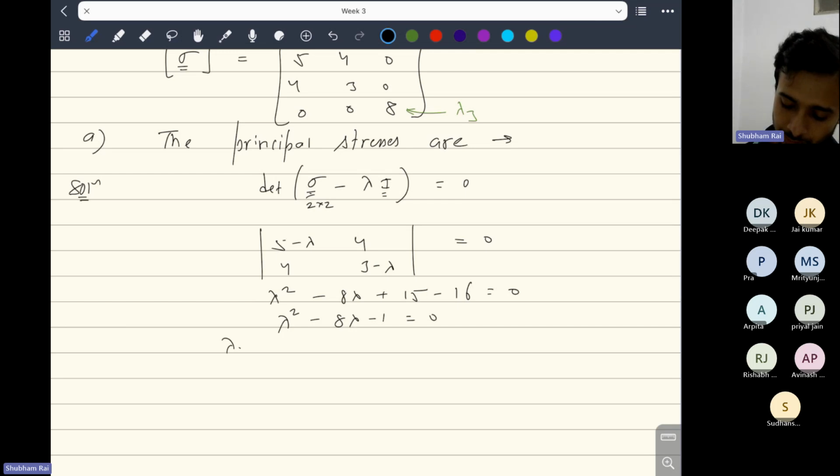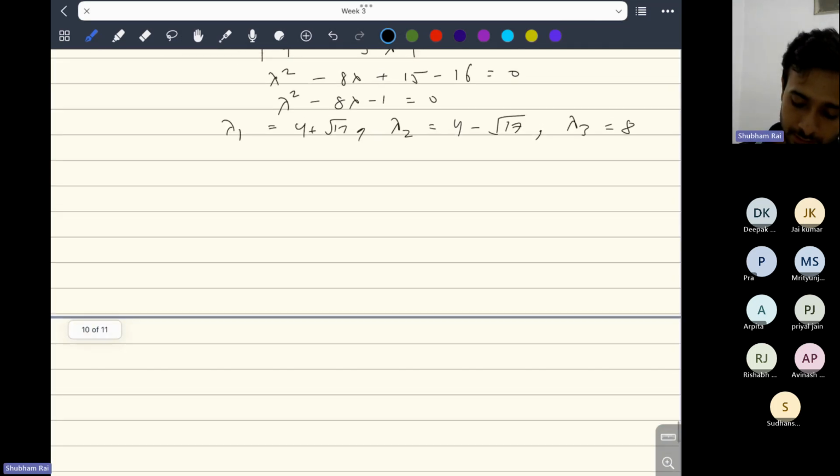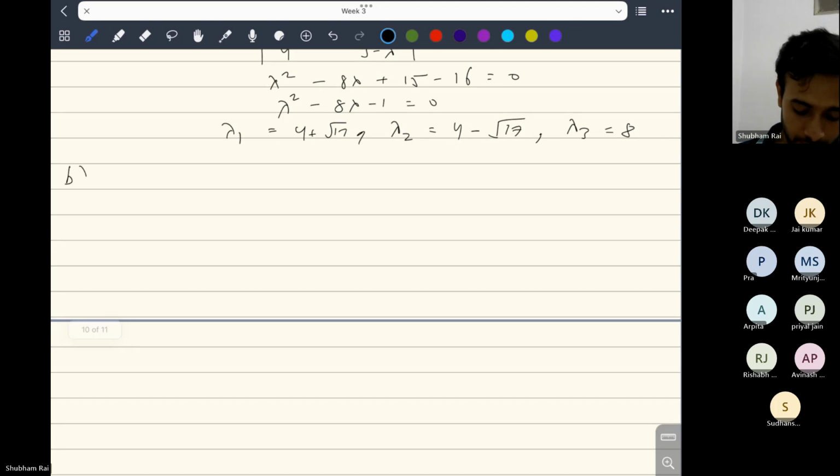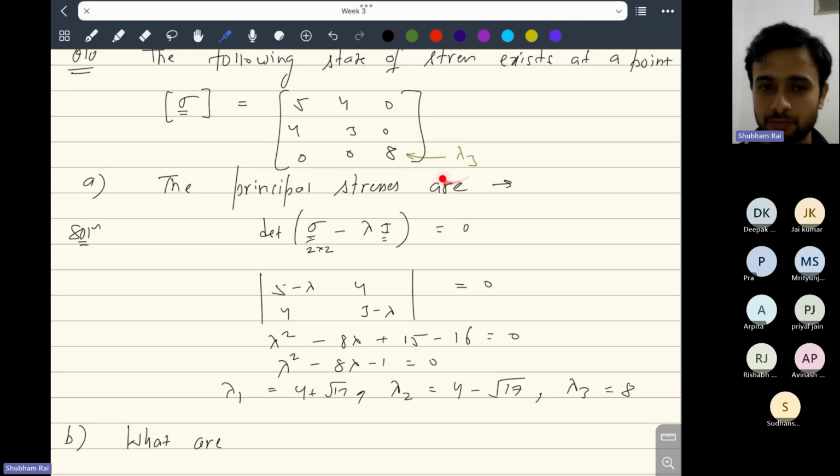If you solve, you will get lambda 1 equal to 4 plus root 17 and lambda 2 equal to 4 minus root 17. And obviously lambda 3 is 8, right? So principal stresses you have found out. Because this was already a principal component, you can reduce your stress tensor and then just find the other two eigenvalues.